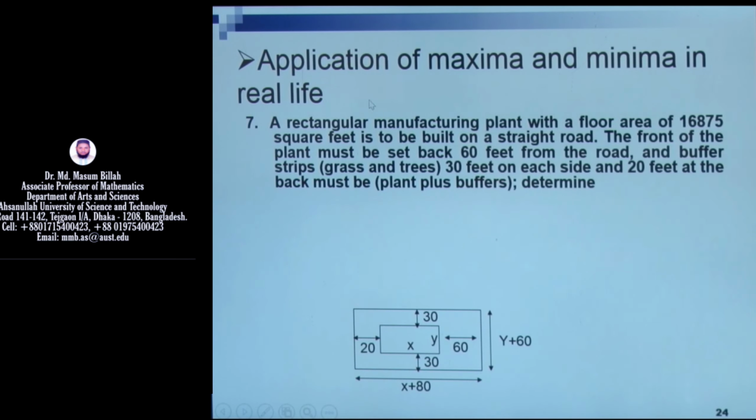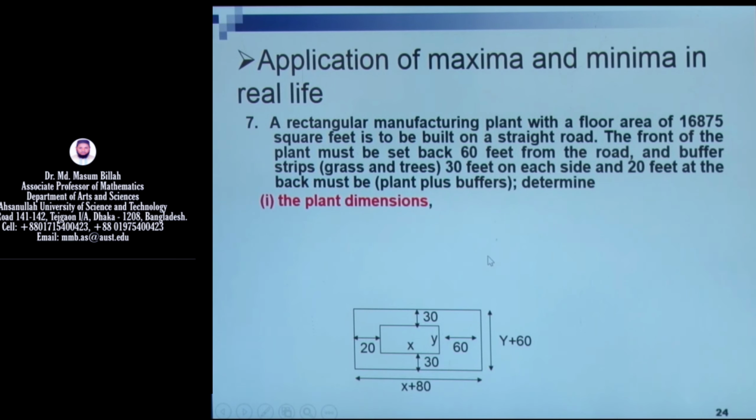And there is another application for our real life. A rectangular manufacturing plant with a floor area of 16,875 square feet is to be built on a straight road, and the front of this plant must be set back 60 feet from the road, and buffer strips, that is grass and trees, 30 feet on each side and 20 feet at the back must be planted plus buffers.